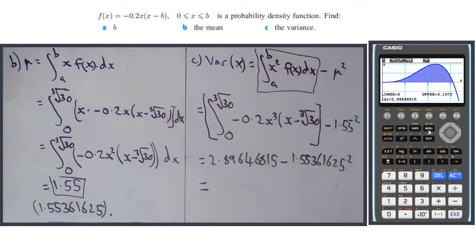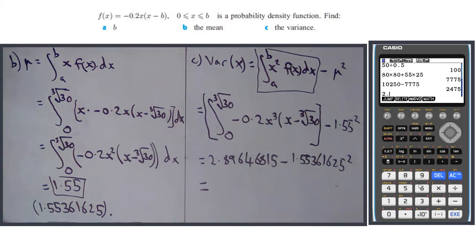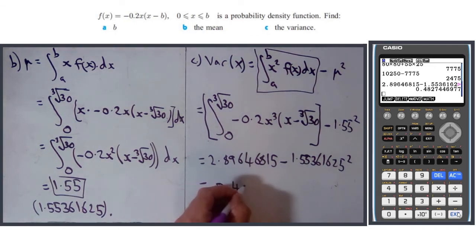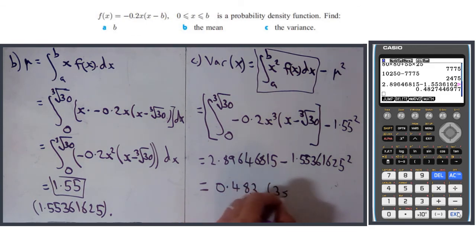So therefore just go to the main screen of the calculator, and we're going to have 2.8964 6815 minus 1.5536 1625, and then we're going to square it, and that gives us an answer of 0.48323 to 3 SF.